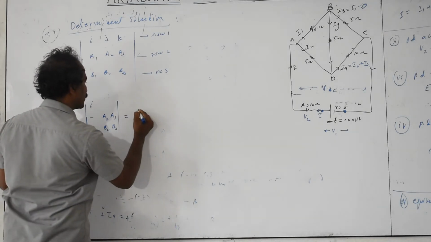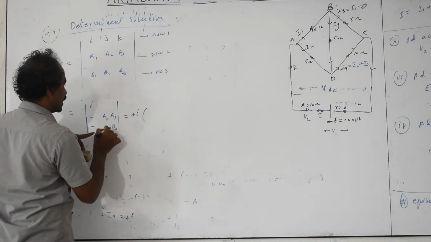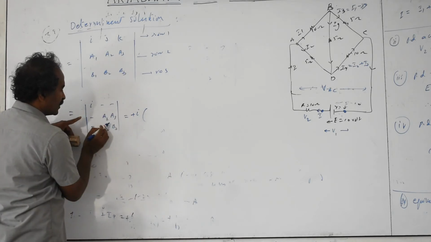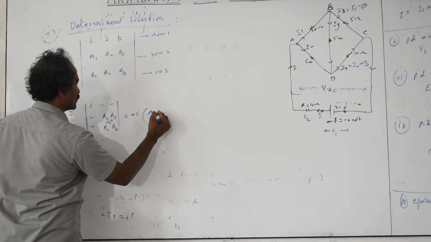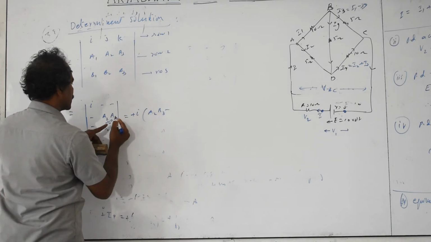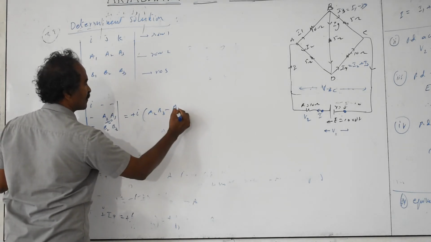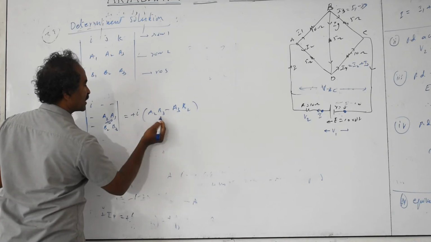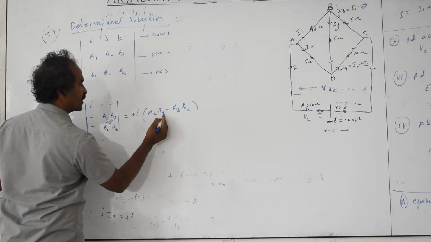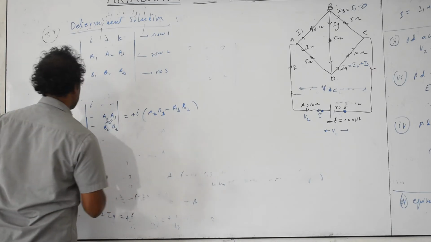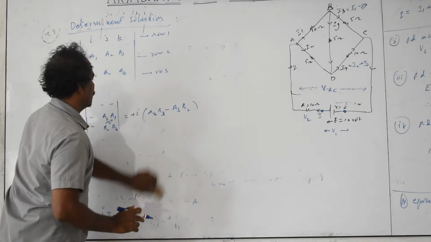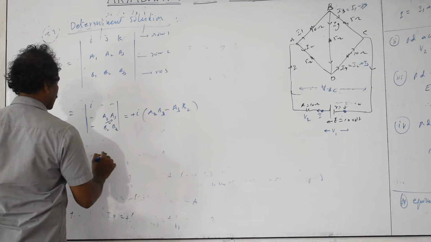I into plus, because the first step is plus: I into A2, B3 minus A3, B2. You can take this in reverse, it doesn't matter. A2 B3 instead of B3 A2 is also the same. 2 into 3 equals 3 into 2, the multiplication order doesn't matter.